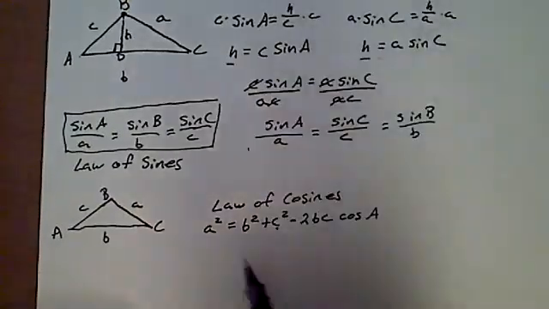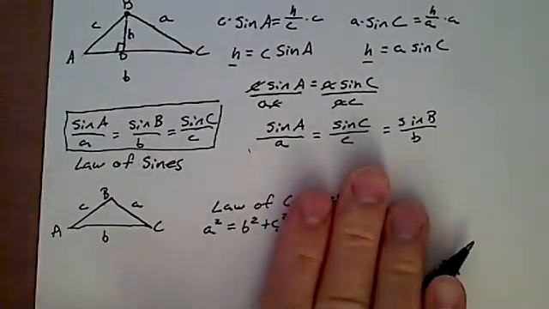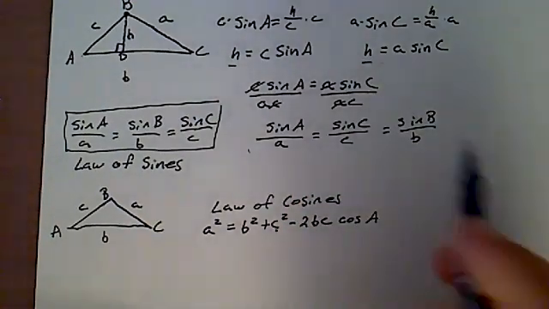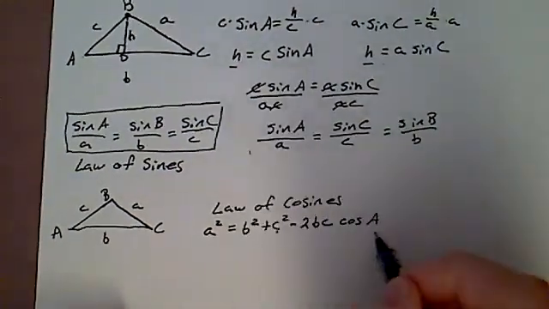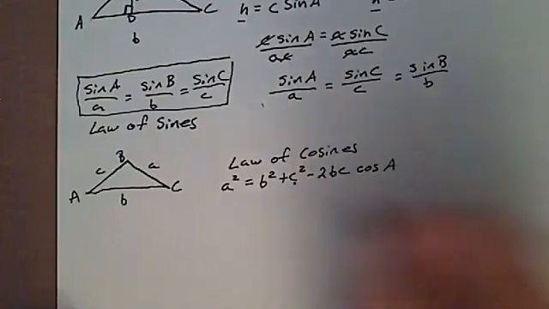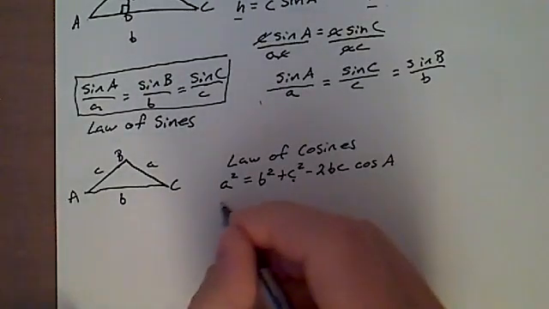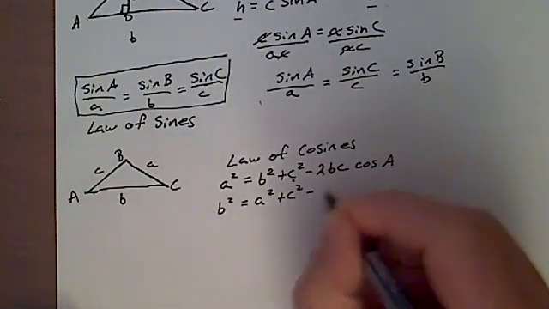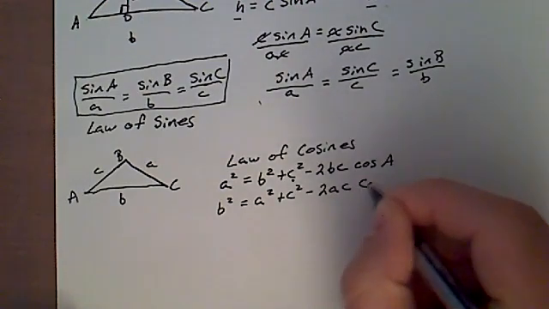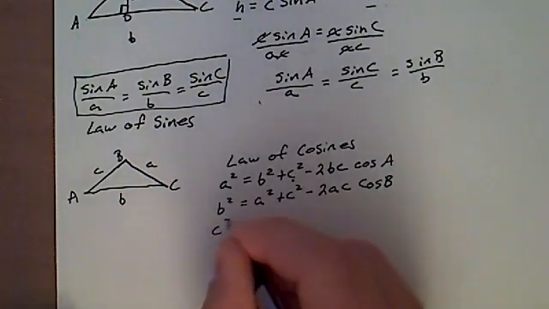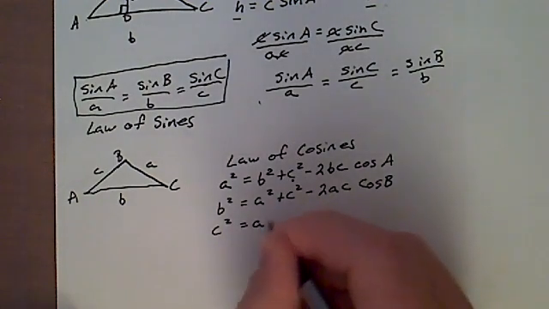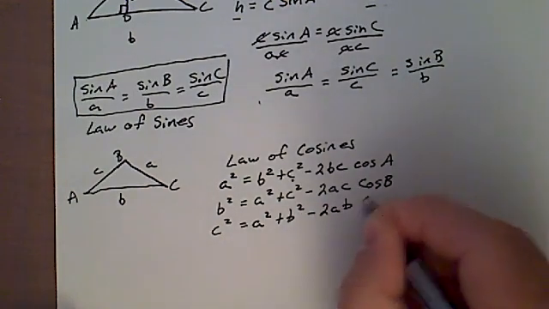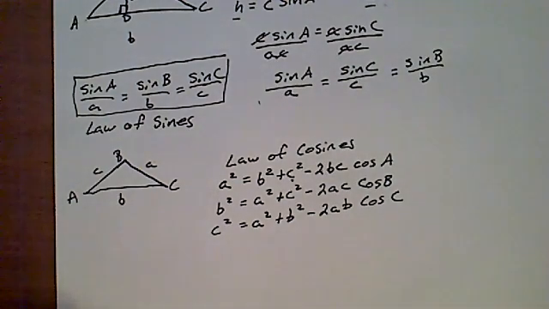So what you'll notice here is that the first part is very, very similar to the Pythagorean theorem, except we're not dealing in a right triangle, so we have to change it a little bit, right? That's the only one that I think you have to write down, but it would follow that this is also true and this is also true.